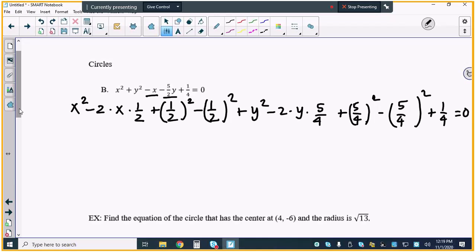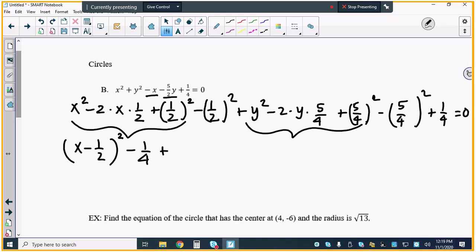So there are a bunch of terms. Let's see. The first 3 terms in terms of x will be the quantity (x − 1/2)². Then I have −1/4. Then I have plus (y − 5/4)² − 25/16 + 1/4 = 0.